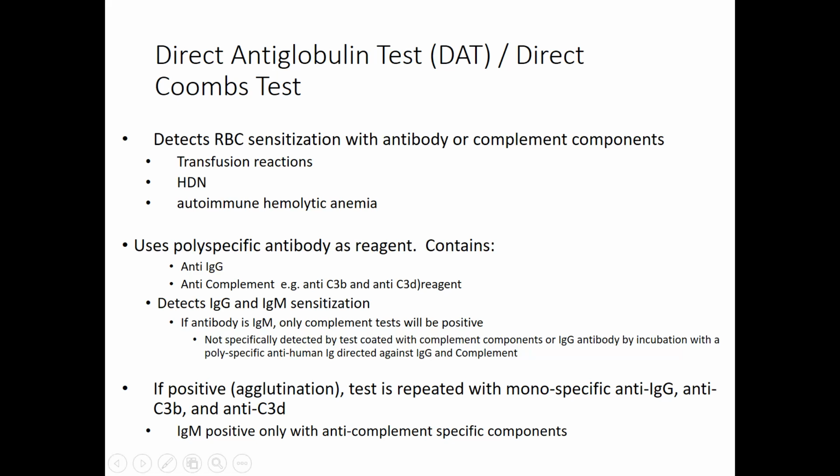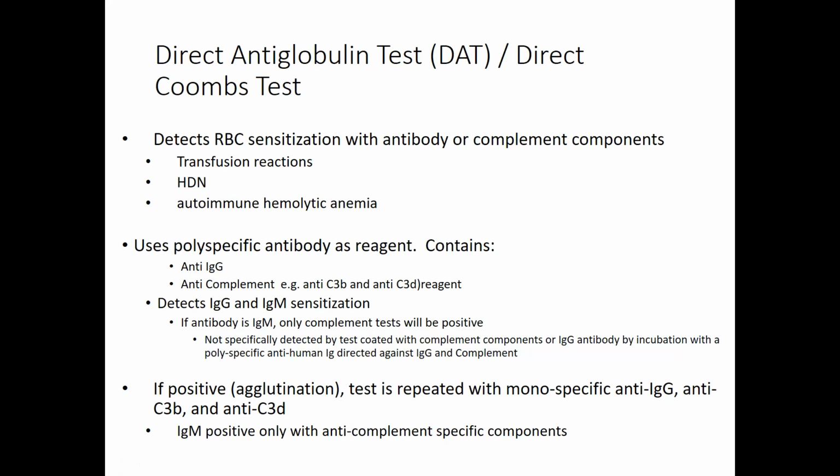We're also going to have a reagent that has an antibody to complement, and it's going to be C3b and C3d. So they're polyspecific. There's a couple of different components in there.